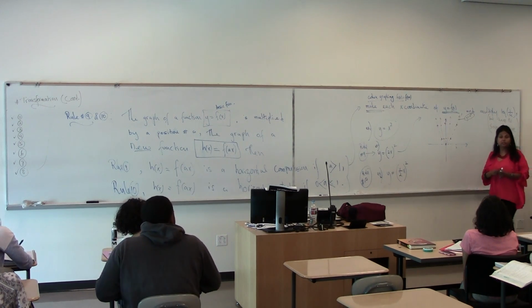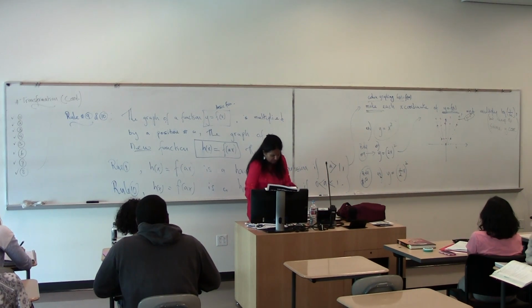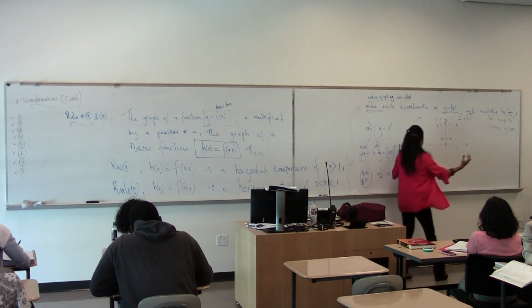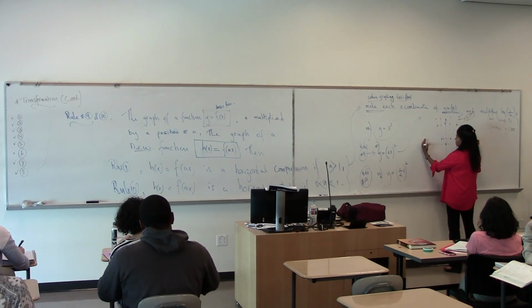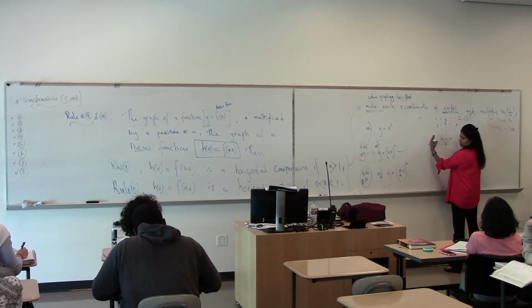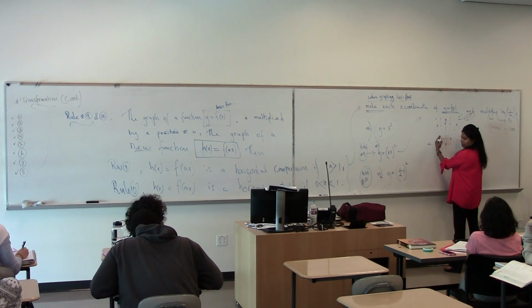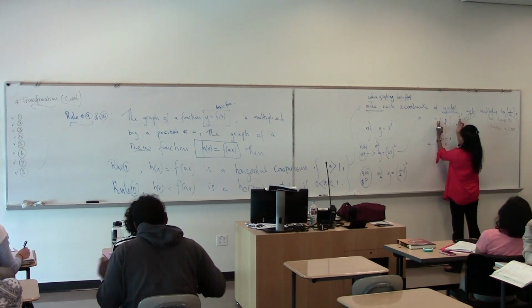You guys see this, class? So what happened to the new graph? It's horizontally compressed. So this is horizontal. Now compress means making it smaller, right? Pushing from both sides. So this one, wider, becomes narrow now.